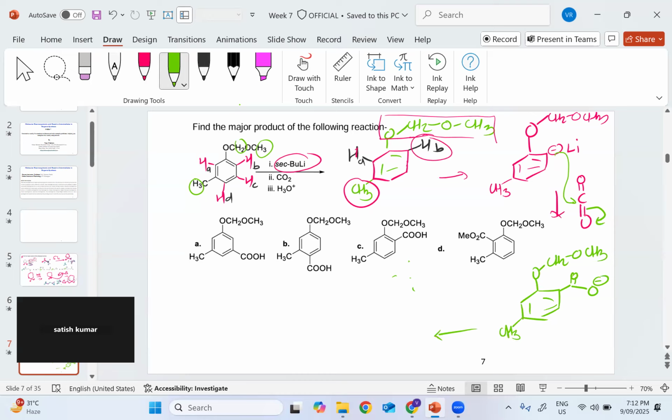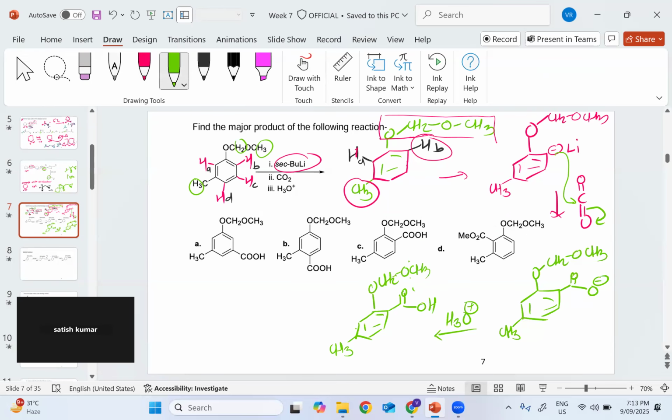And further upon hydrolysis or acidic workup, preferably H3O+, this O negative abstracts the proton from the aqueous media. It gives the formation of C double bond OH, and the remaining group will be the same, right?